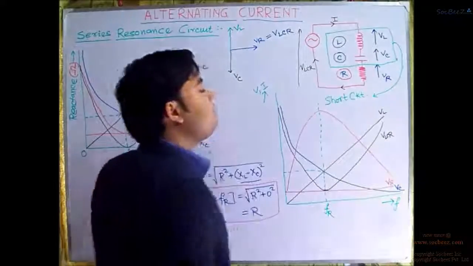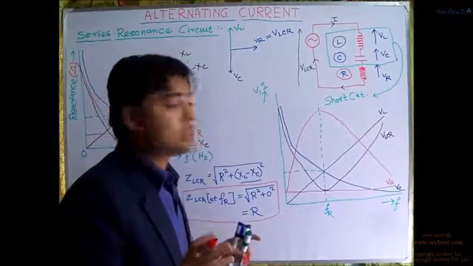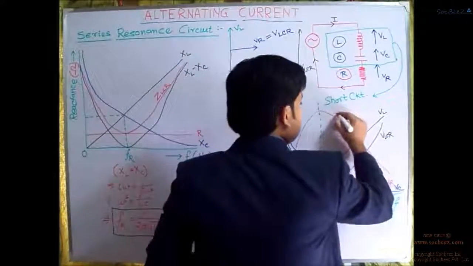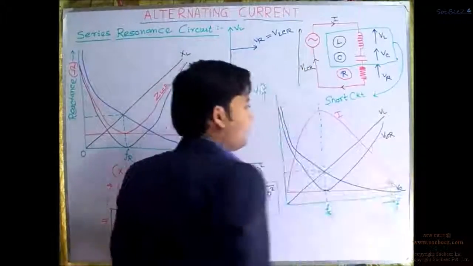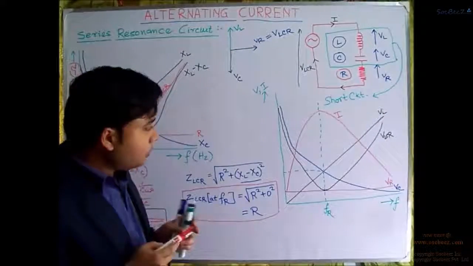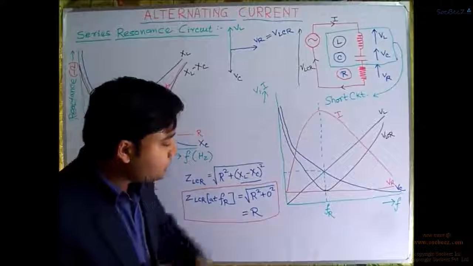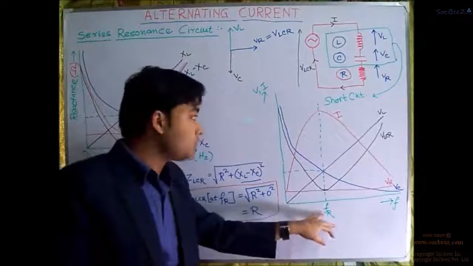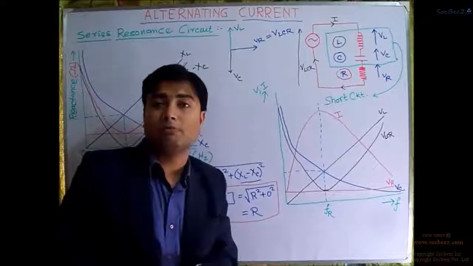So this will be somewhat the characteristic of this line, and this line is basically I, right? So we could see that at this particular frequency Fr, which is known as the resonant frequency, the I is a maximum.